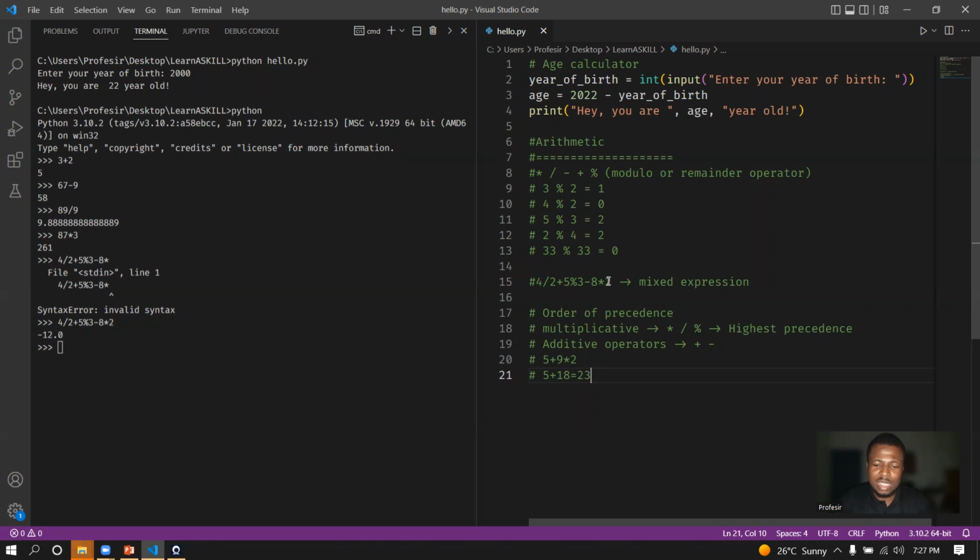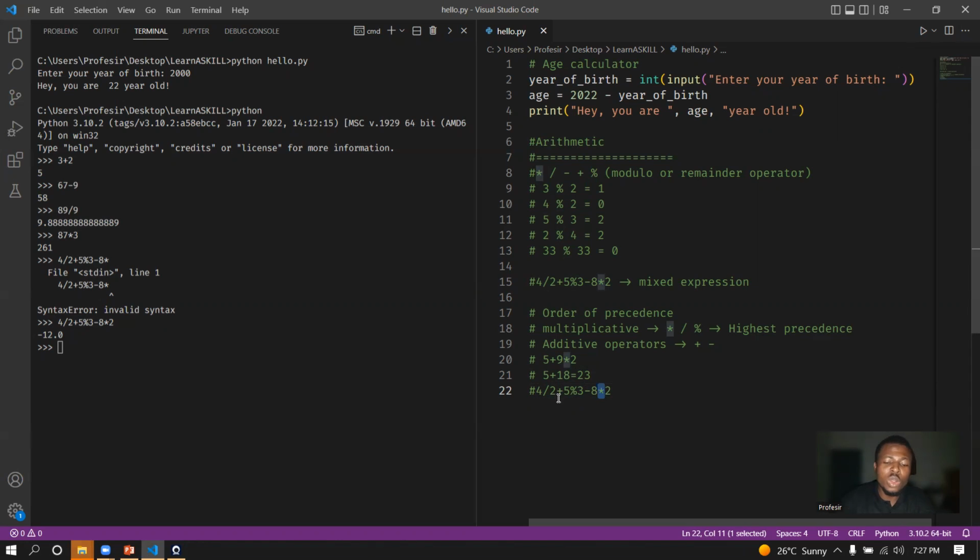So for instance, let's try to evaluate this problem. In here, we have division, modulo, and multiplication. And these are all having the same status. Take it that they are all ministers. You have to dash them the rooms, and the rooms don't have the same status, if I may say.